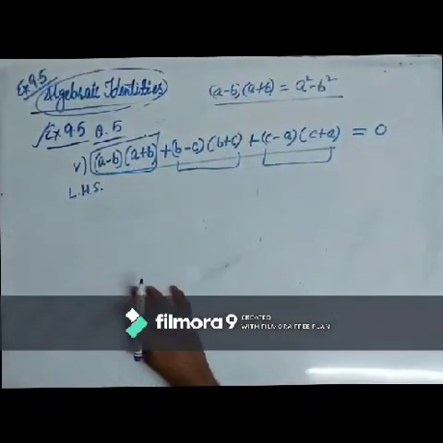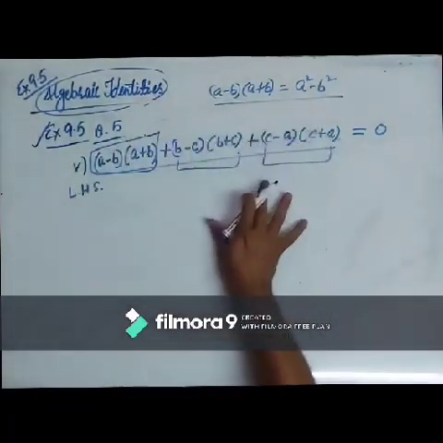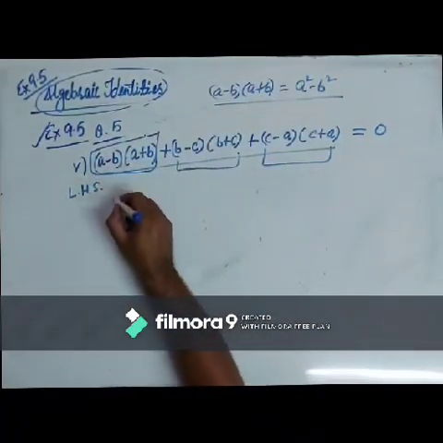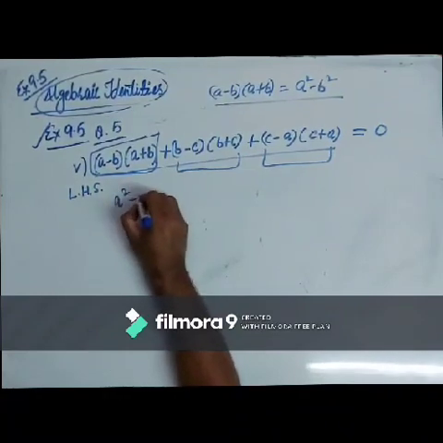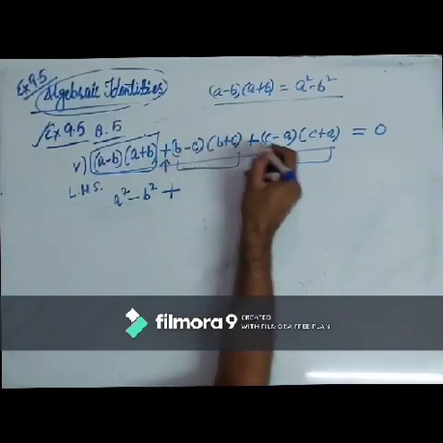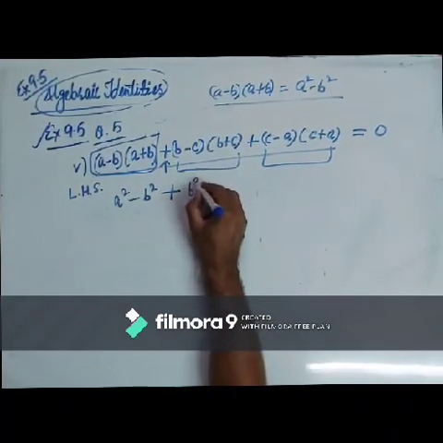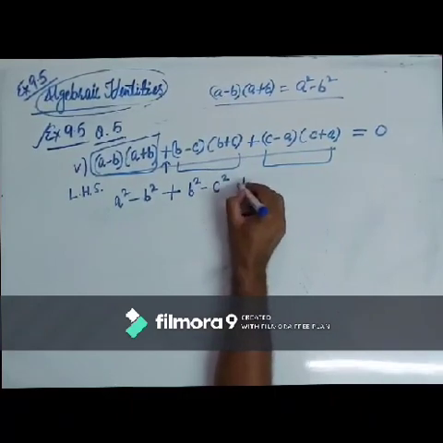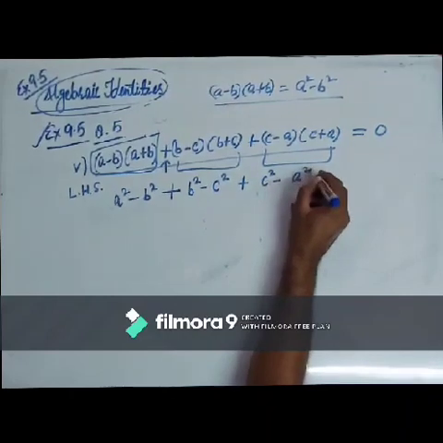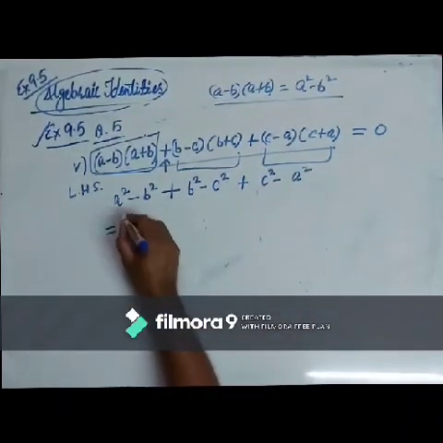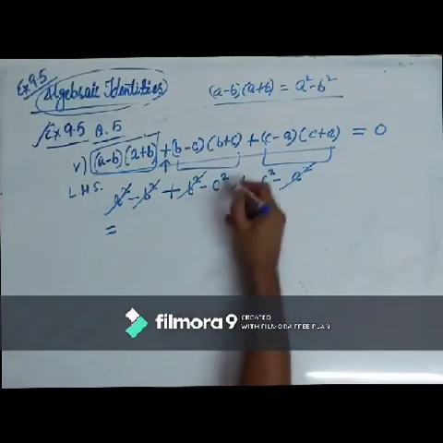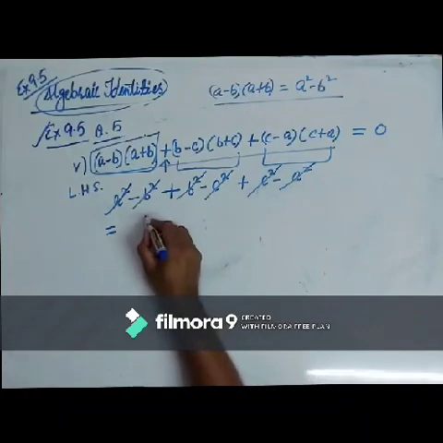So by resembling all these and copying all these three with the identity part, I will be getting a square minus b square, plus sign here, this one, and (b − c)(b + c) is again b square minus c square. Again putting the same identity, copying it, c square minus a square, which must be equal to: a square will cancel out a square, b square negative sign, b square positive sign, c square negative sign, c square positive sign is equal to 0.